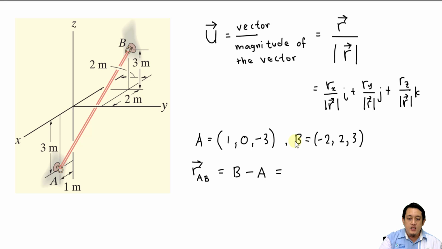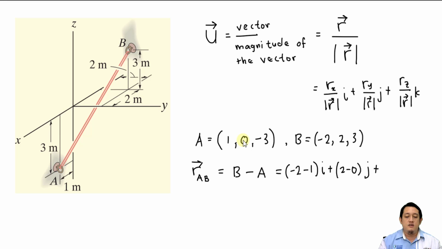Okay. If we do B minus A, so we have negative 2 minus 1. So this one here will be negative 2 minus 1. So this one is I. Okay. For J here we have 2 minus 0. So this one will be 2 minus 0. And then for K, 3 minus negative 3.